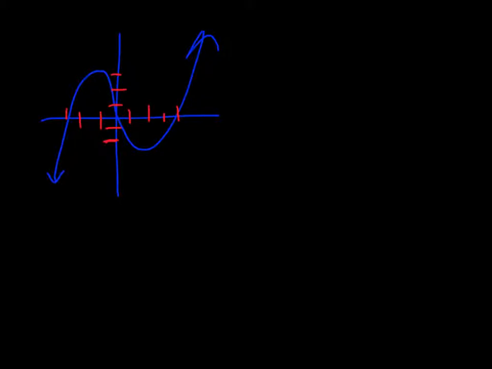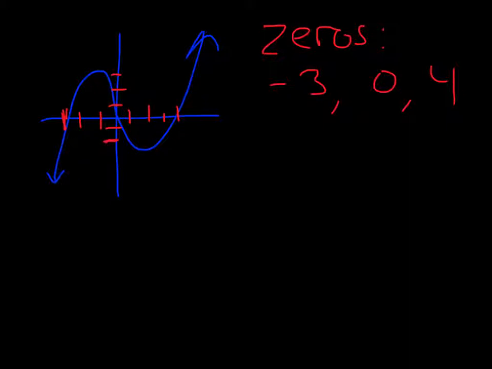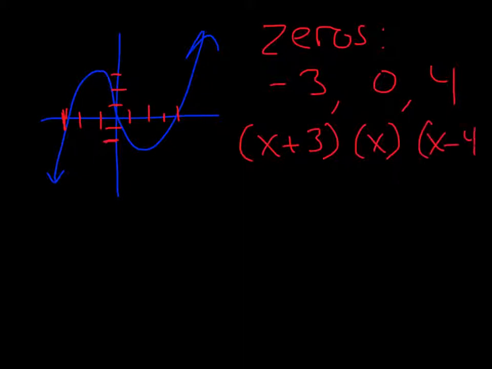Well, our zeros are at negative 3, 0, and positive 4, right? That's where it's crossing the x-axis. And I could turn each one of them into factors, so it'd be x plus 3. This would just be x. And this one would be x minus 4. You could also think of this as x minus or plus 0 if you wanted to write it like that. That's totally fine, but we just write x.